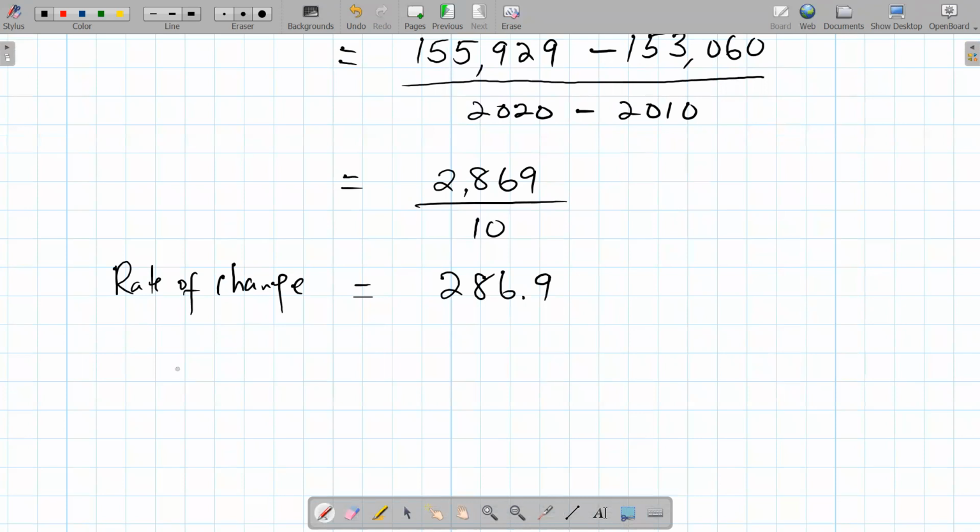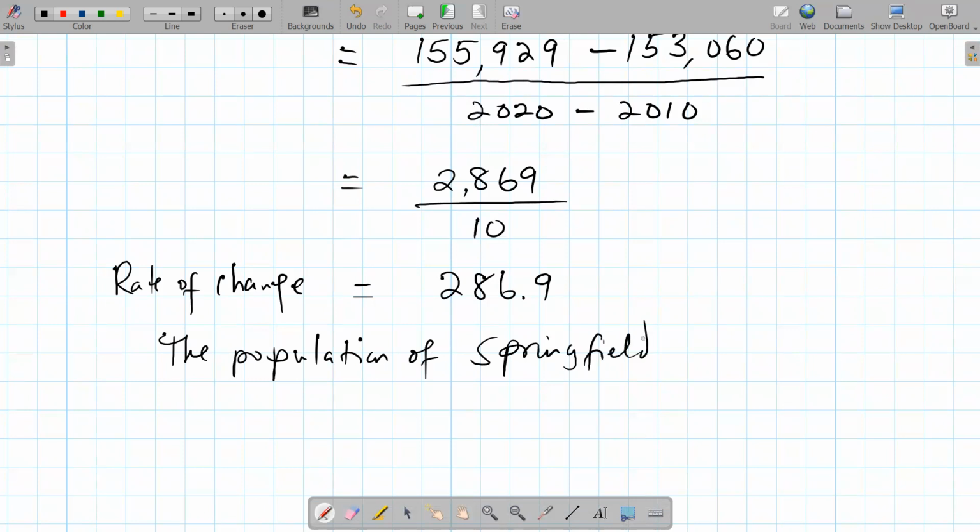So let's put it this way: the population of Springfield changed by 287 people per year.